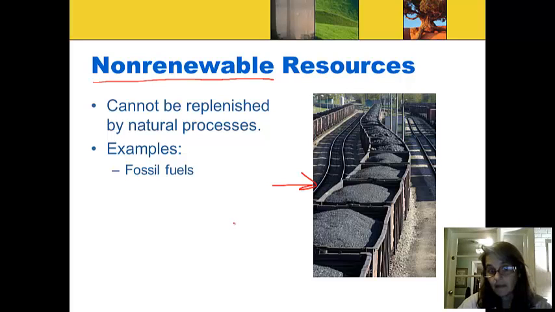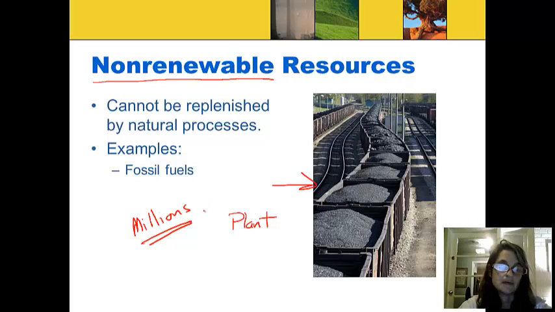If you'll remember from the carbon cycle we talked about, coal is actually made from ancient plant material that got squeezed by the pressure, buried under the earth and formed into what we would recognize as coal. So you might argue, well, that's renewable, it was made from living things. But again, the key here is that it took millions of years to make that coal. That's really not renewable for most humans if you have to wait around millions of years to renew it.